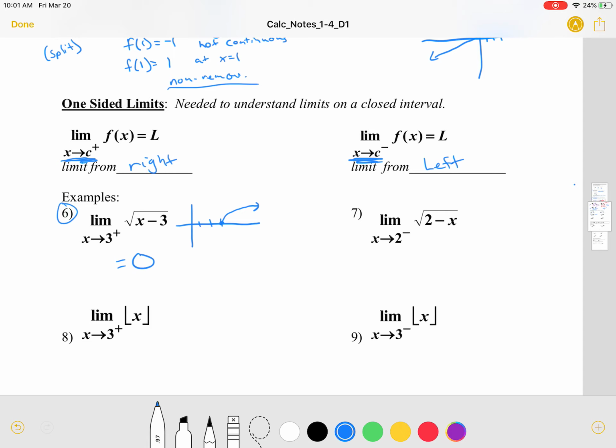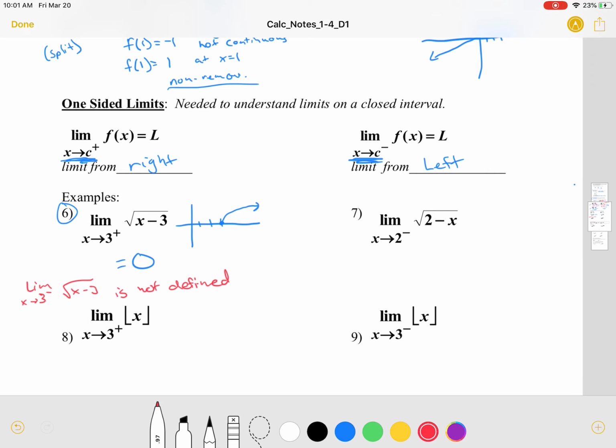If you looked at it from the left side, it's undefined. Our limit as x goes to 3 from the negative side of the square root of x minus 3 is not defined.